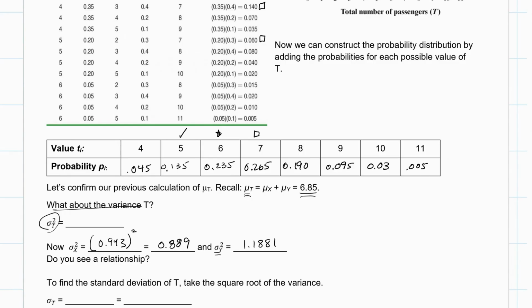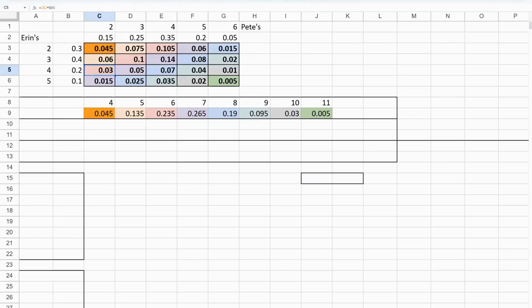Well, to do the variance of t, I'm going to go back to the spreadsheet and I'm going to say, hey, here's this distribution of t, right?